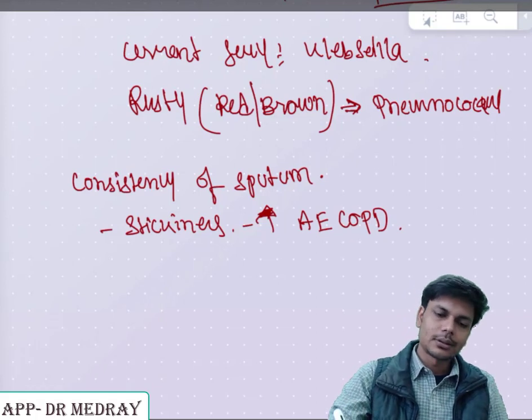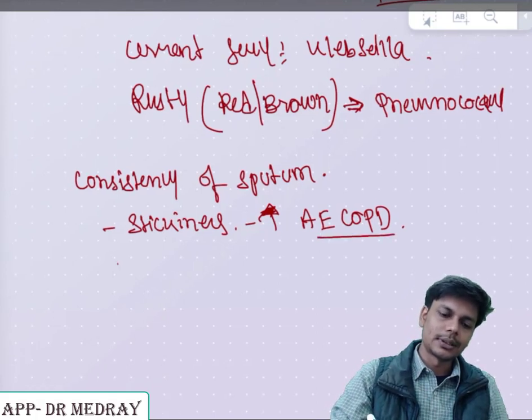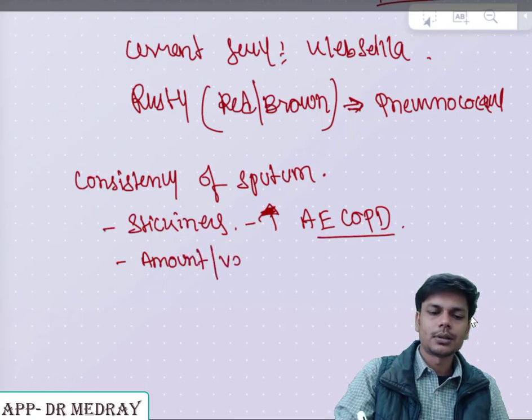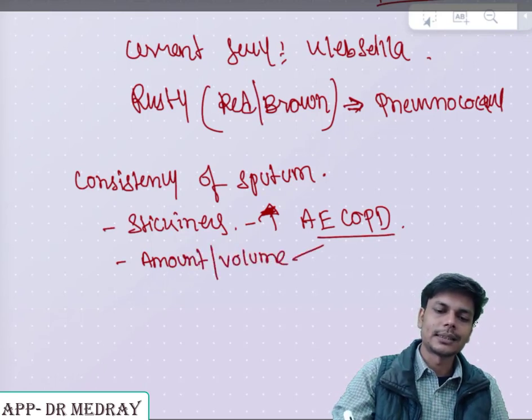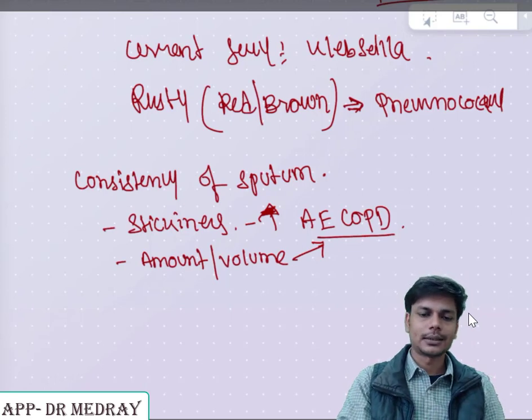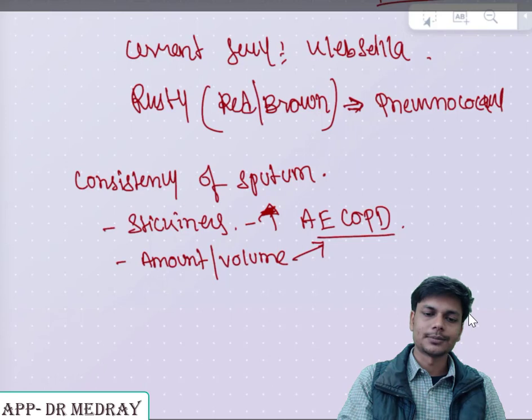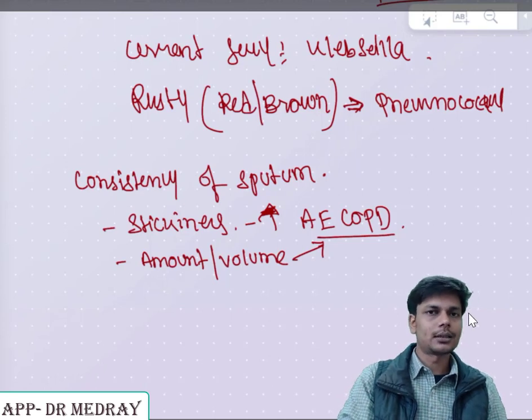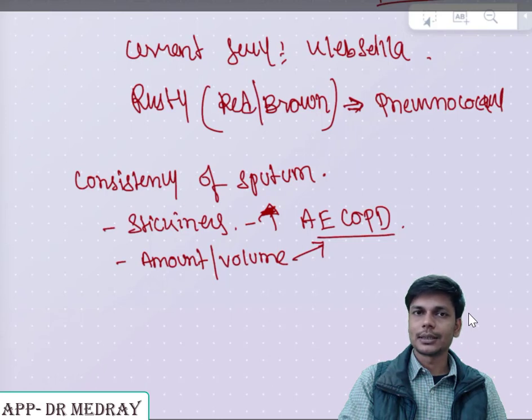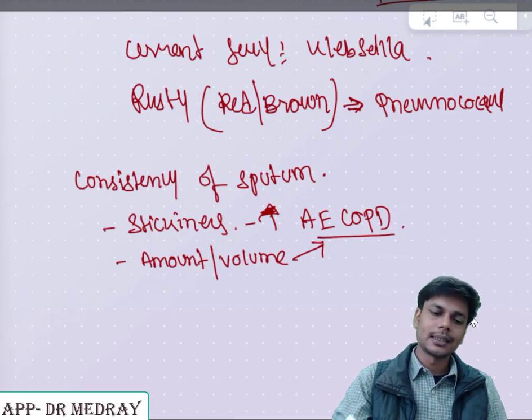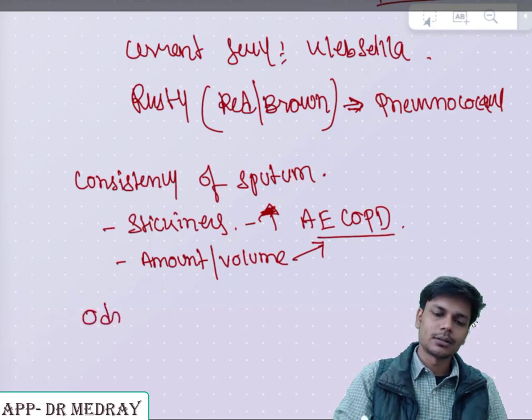If the amount or volume of the sputum has increased, it also suggests an acute exacerbation of chronic obstructive pulmonary disease. So the quality, the quantity, and the consistency of the sputum should be asked in history, and also the odor.